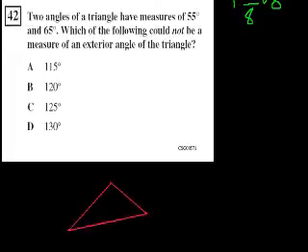An exterior angle at one of the vertices is where you essentially extend one of the lines at that vertex out. So this is an interior angle right here. The exterior angle is if you extend this line out. If I were to draw a dotted line that extends out this bottom line, this is the exterior angle right here. And as you can see, it's going to be the supplement to this interior angle.